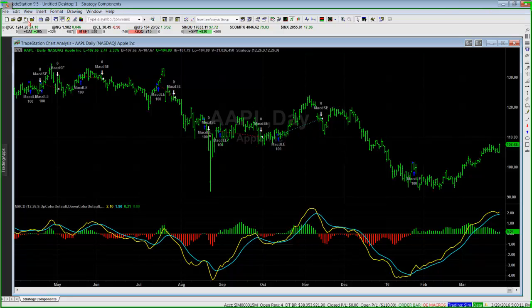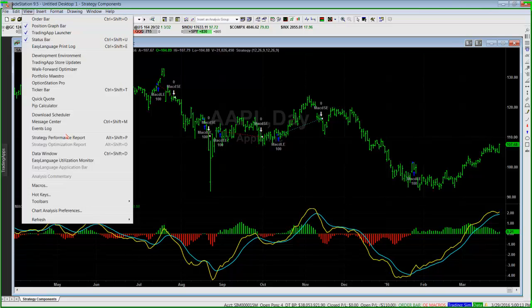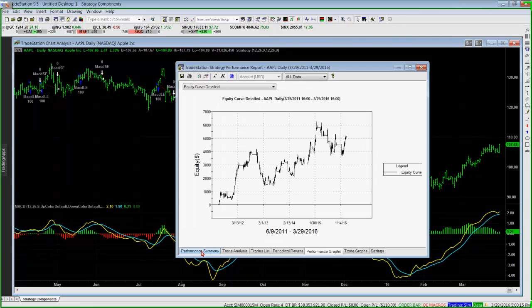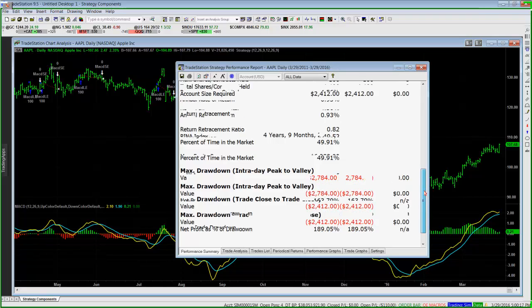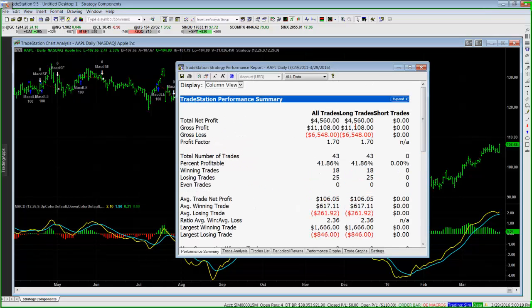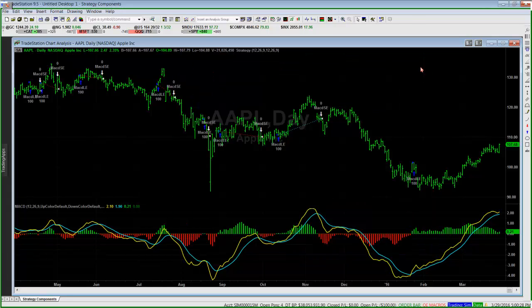It's just going long. So here I can go to View Strategy Performance Report, and now I can get the performance of just the long trades, exiting on the short. And so there's a lot of combinations here that you can try. You can try just long or just short. You can try long with a stop loss and let it run.